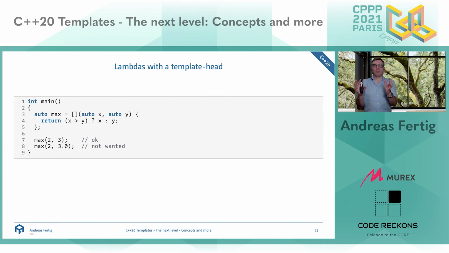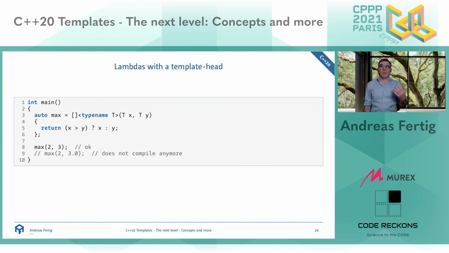So I wasn't able to formulate this in C++17. I'm able to now, because C++20 gives us lambdas with a template head. And this makes lambdas fit even better into the language. They're closer to becoming first-class citizens, because there are fewer exceptions than previously.